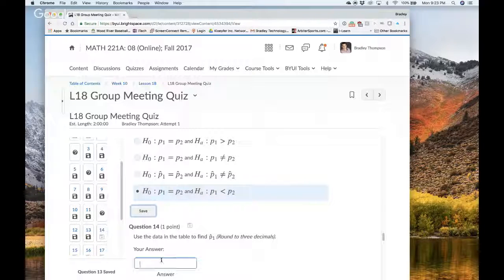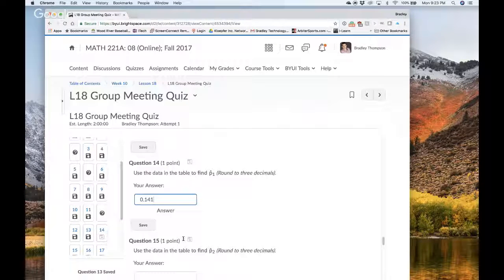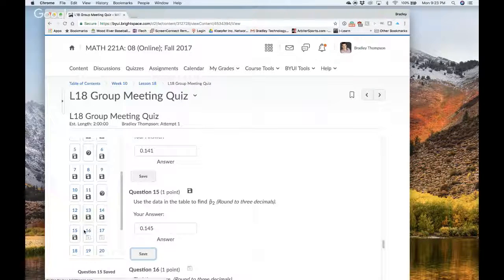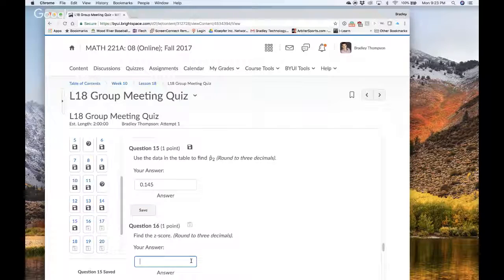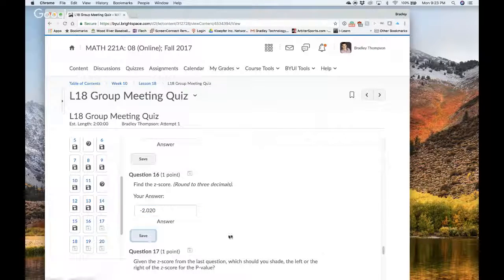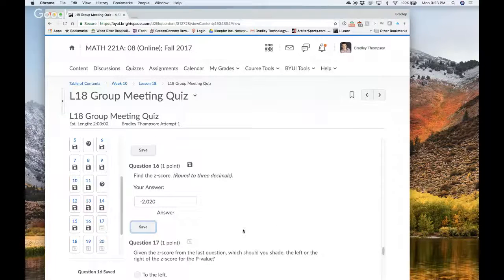So p hat number 1 should be 0.141. P hat number 2 is 0.145. Z-score is negative 2.020. Interesting.